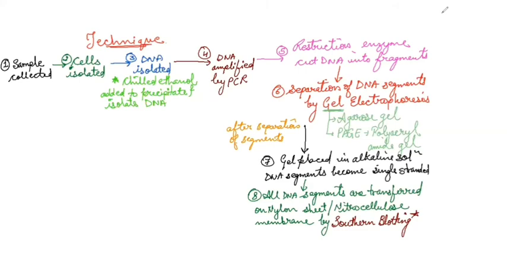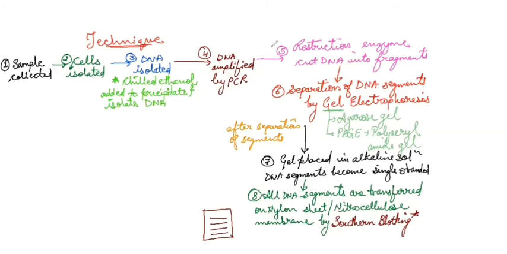The DNA segments present on the gel will get onto the nitrocellulose membrane or the nylon sheet. This transfer of DNA segments from gel to nitrocellulose membrane is known as Southern blotting. Now we have the nitrocellulose membrane or nylon sheet on which the separated DNA segments are present.